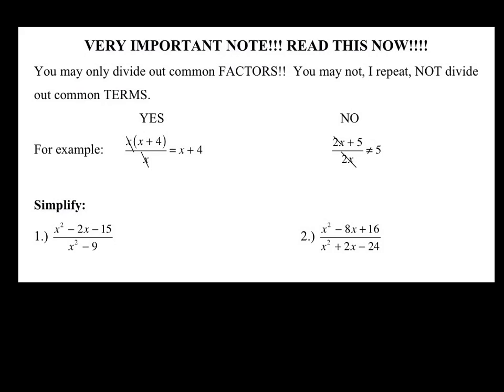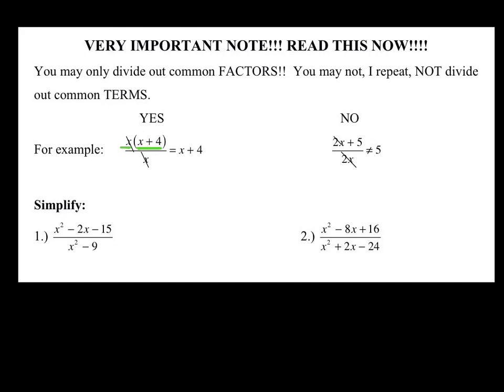The bottom of your box just again reiterates the fact that you're canceling out factors, not terms here. So if you're looking at an expression or you're given a function, x times x plus 4, your factors are x and x plus 4 because they're what's being multiplied together.